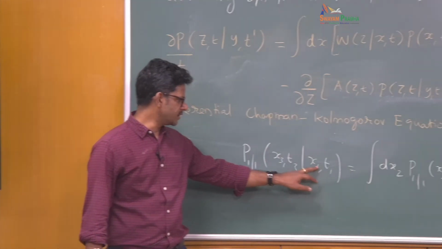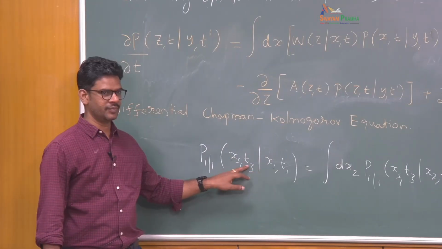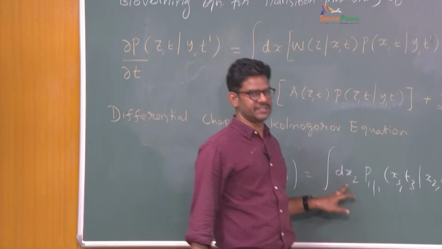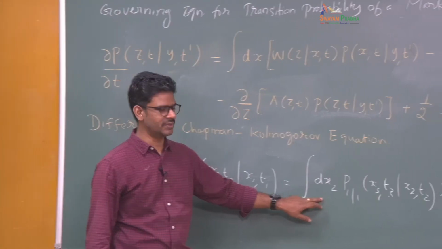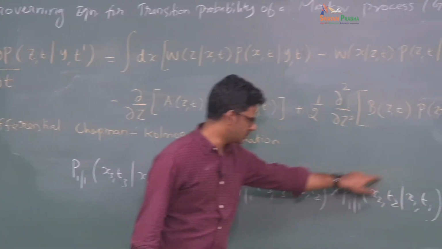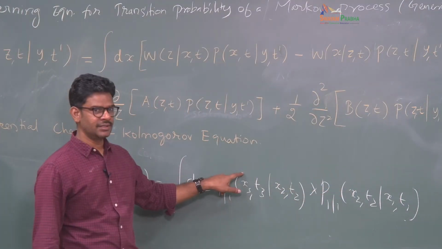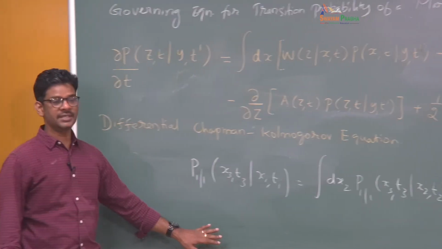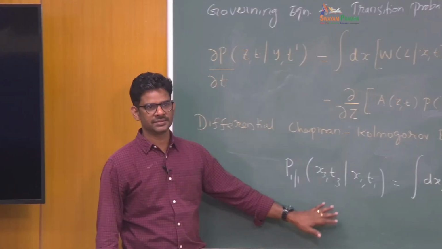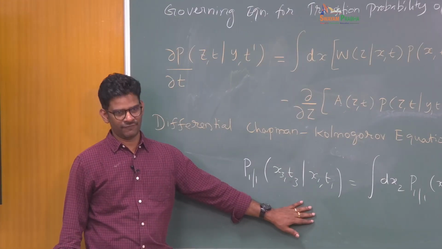When you want to go from x1 to x3, from t1 to t3, it can go via any of the intermediate states, x2, t2. So that's why we are doing an integral over all possible x2. We are going from x1 to x2, and then from x2 to x3, and then this is summed over all possible x2. This is what we defined as the Chapman-Kolmogorov equation. We call this the integral form.